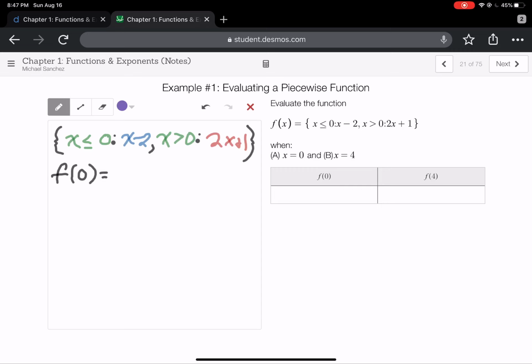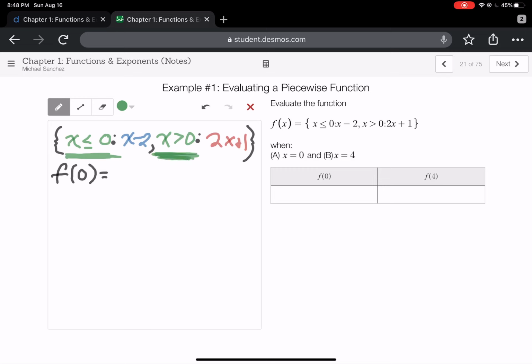So we want to take a look at our domain. Which one of these rules, which one of these domains does the 0 fall under? Is 0, our x value, less than 0, or is it less than or equal to 0, or is it greater than 0?